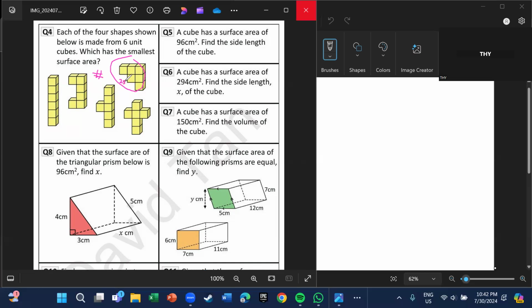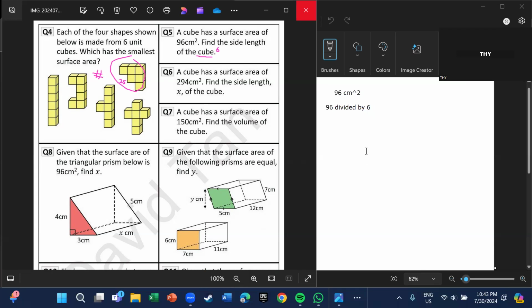Okay. For this, we all know that a cube has 6 sides. It is saying that the total surface area of a cube is 96 centimeters square, right? So it's asking us to find the length of the cube. It's really easy. First we divide 96 by 6.